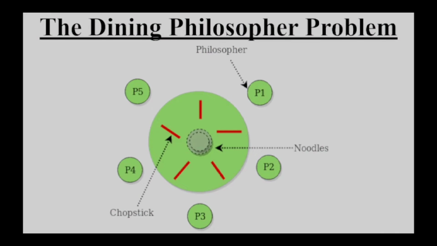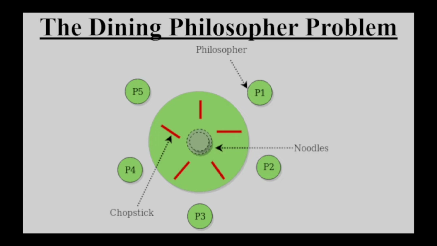Hello everyone, I am Jorek A. Labrador Jr. and I will be showing you the algorithm of this problem, the dining philosopher problem. But first, let's talk more about this problem. The dining philosopher problem states that a number of philosophers, here in our example 5 philosophers, are seated around a circular table with one chopstick between each pair of philosophers.